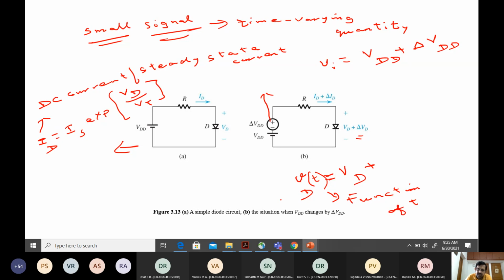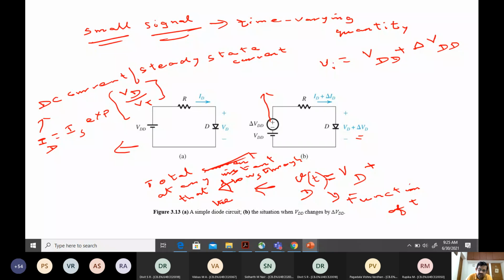This is the total voltage, not the current, that appears as a result of this. So VD of t equal to VD plus delta VD.